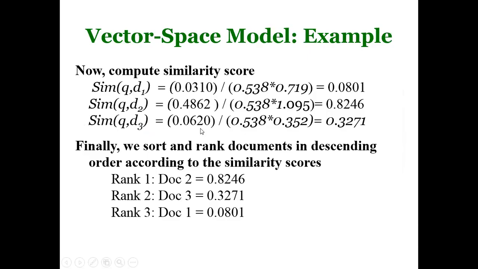Then, to measure similarity, divide the dot product of Q and D1 over the length of Q multiplied with D1 as a normalizer.